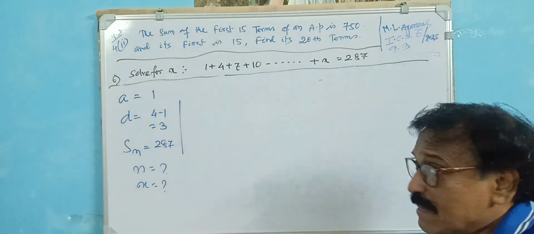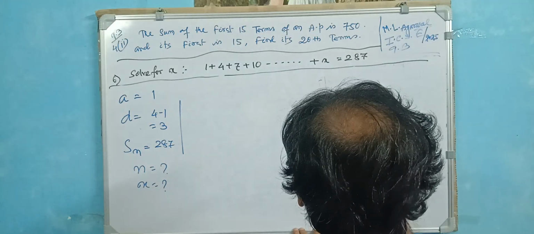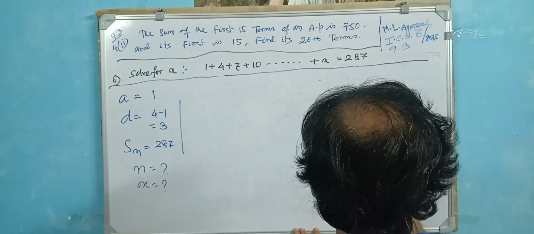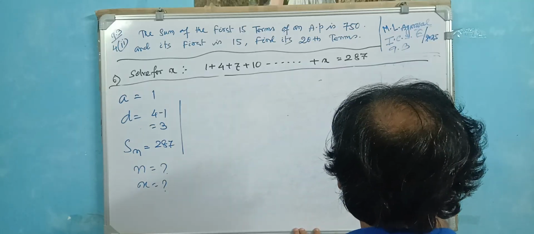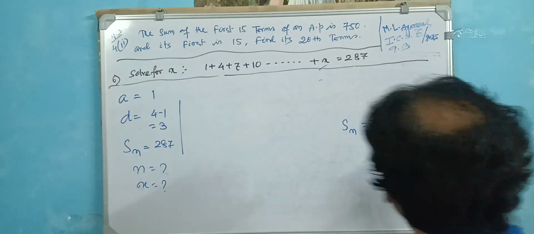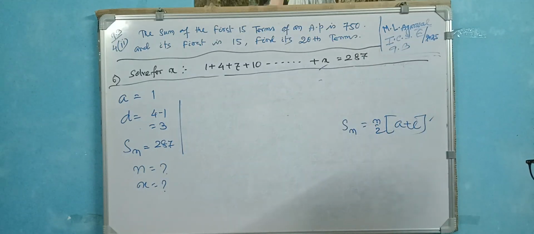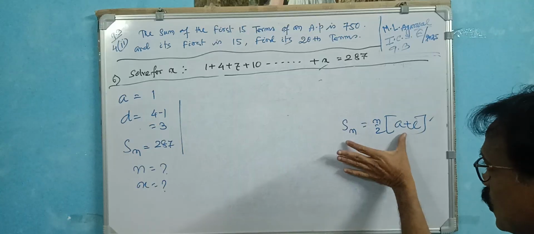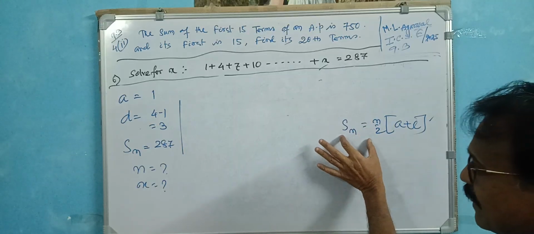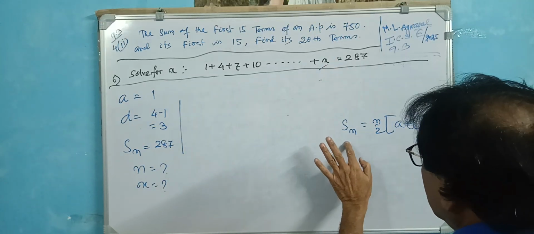If this is the formula you apply, Sn is equal to n by 2 (a plus l), you get x as l. But you don't know the value of n. You use this formula, Sn, you know Sn, the sum is 287.